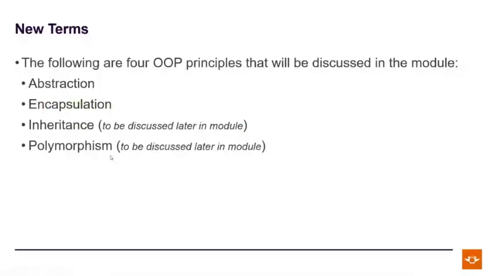Okay, principles of OOP. There are 4 principles of OOP. We're only going to discuss 2 of them today: abstraction and encapsulation. Inheritance and polymorphism we're going to discuss later. Tomorrow's lecture in the morning will be implementing a class.